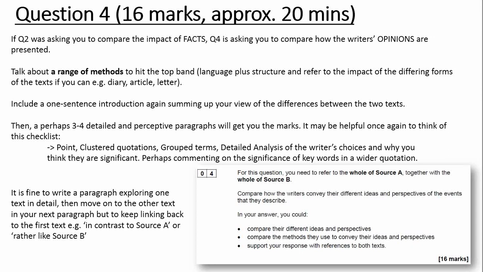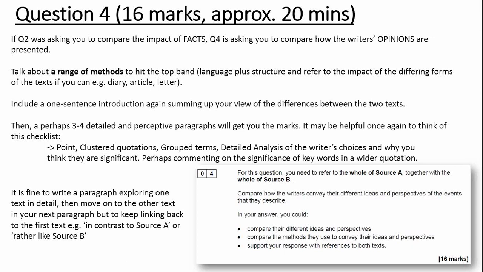Now, in terms of the structure here, and this is the last bit in the bottom left-hand corner of the slide, it's absolutely fine for this question to write a paragraph exploring one of the texts in detail, and then move on to write a paragraph on the second text in your next paragraph, but keep linking back to the first text.